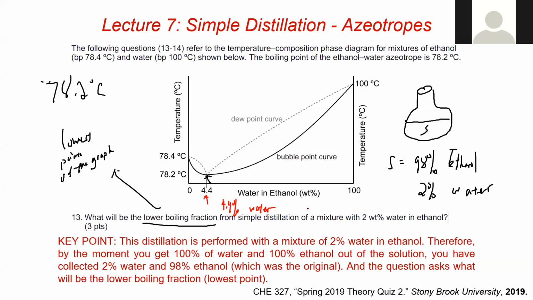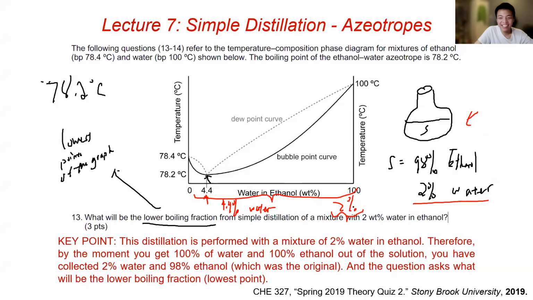We're interested in 4.4% of water out of the 2% inside the RBF. I thought we were interested in 2%. Now the entire one is 2%. Oh, okay. And the 4.4% is the 4.4% of the 2%. Yes. Kind of confusing at first.